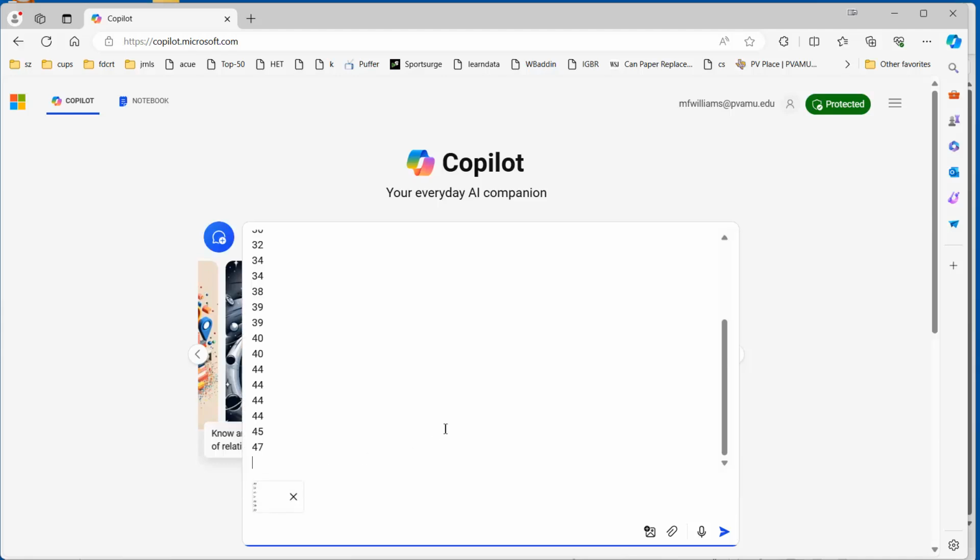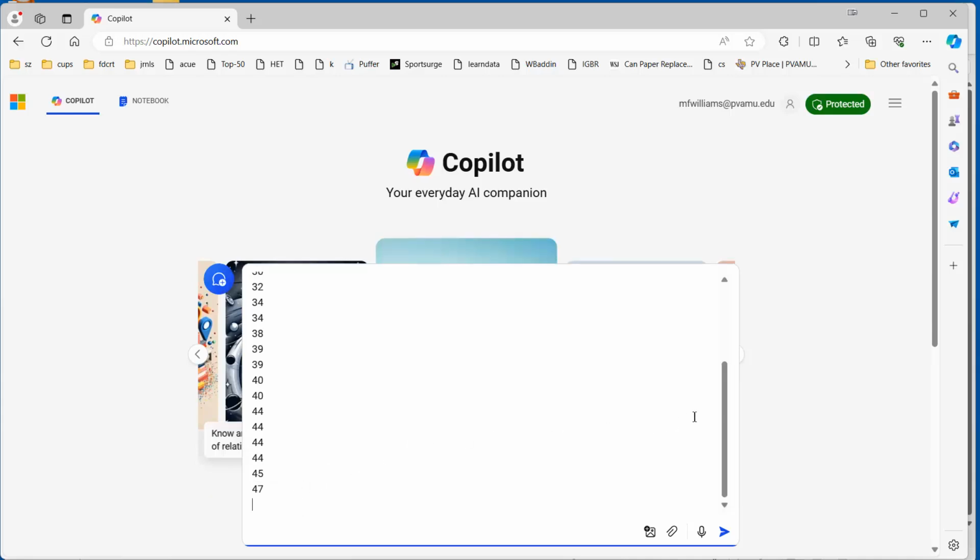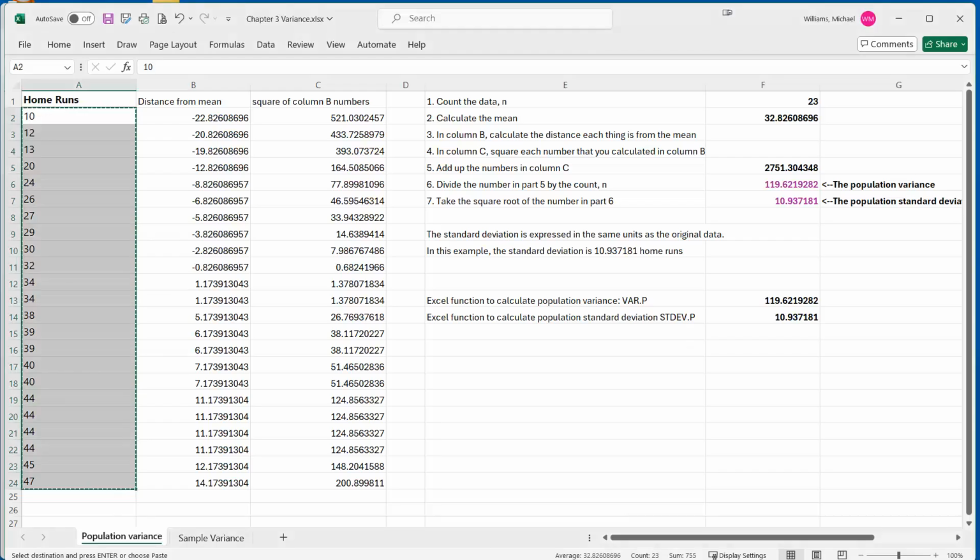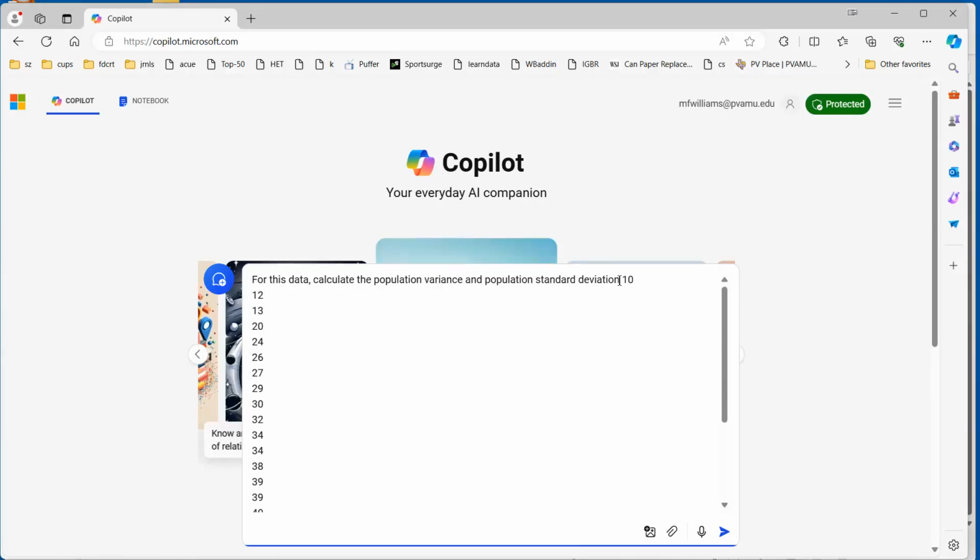There's the data. We don't want the picture. That's the data, right? Am I missing one? Where'd the 10 go? Oh, it's over here. Maybe that's why I got it wrong before.